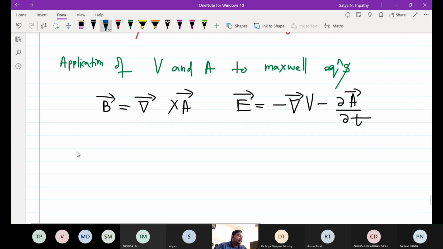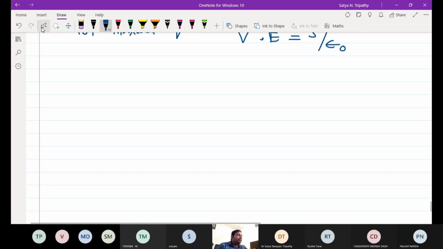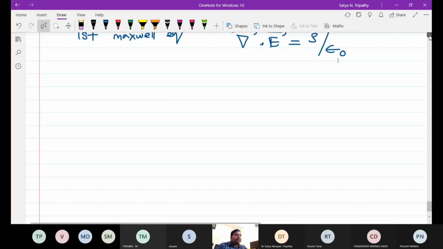We have the first Maxwell equation: del dot E is equal to rho by epsilon 0. So what I'm going to do, I'm going to put this electric field there.